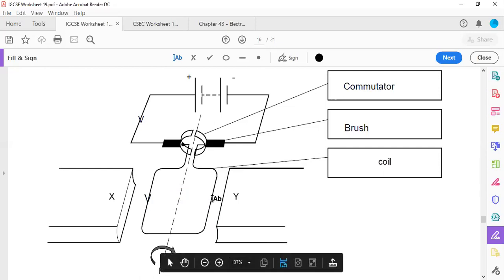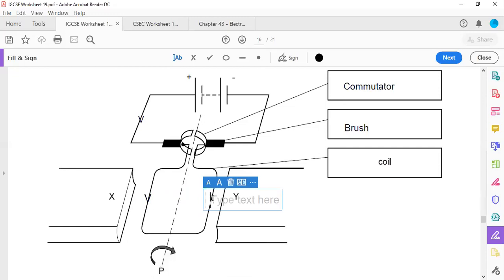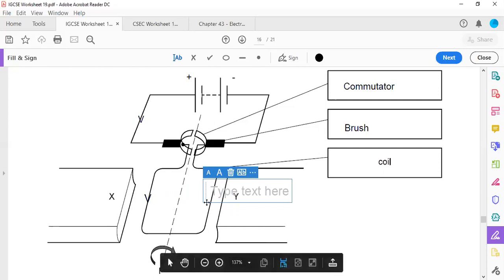Then it's going to flow to go back to the negative point. So you're going to be going back in this direction here to the negative.